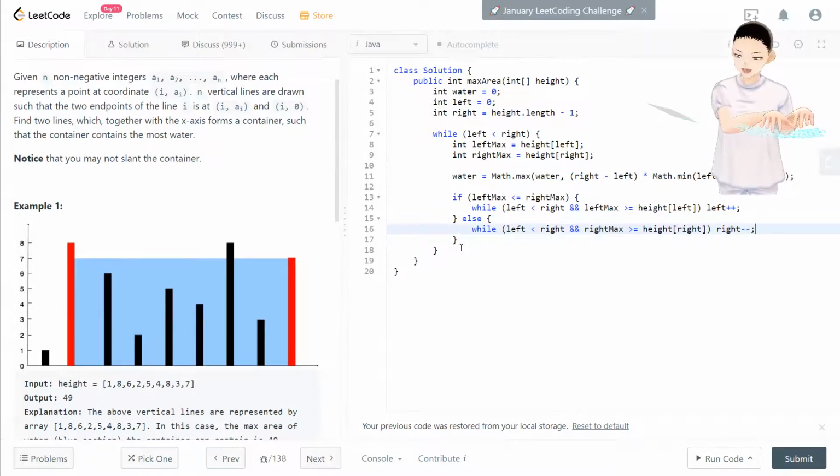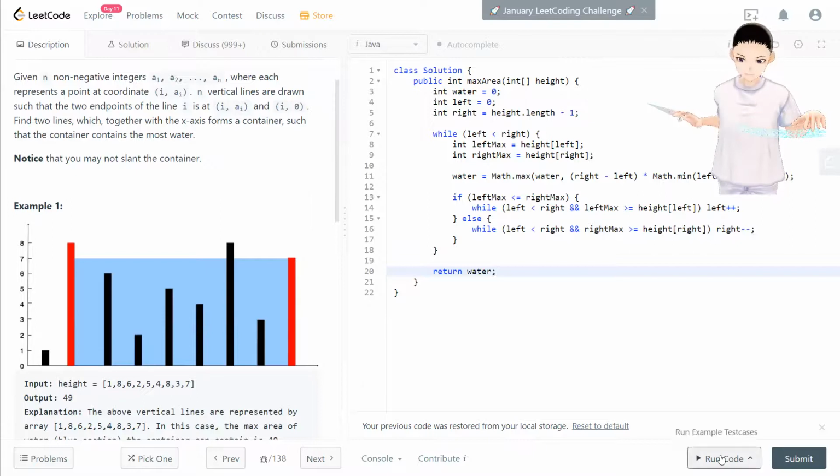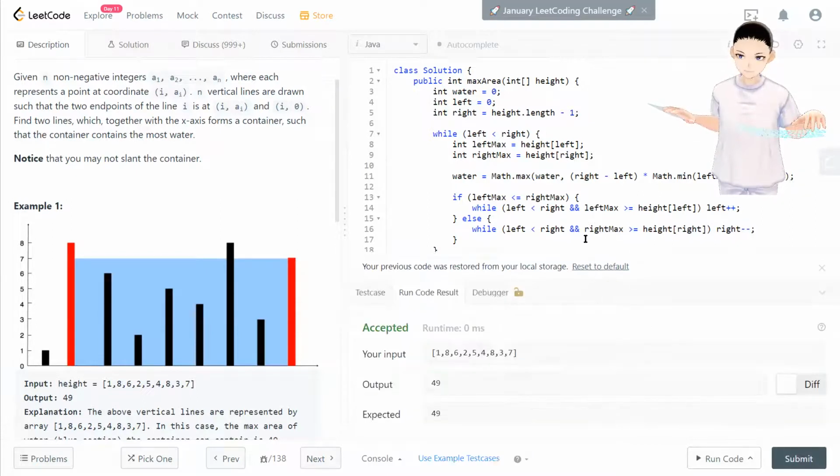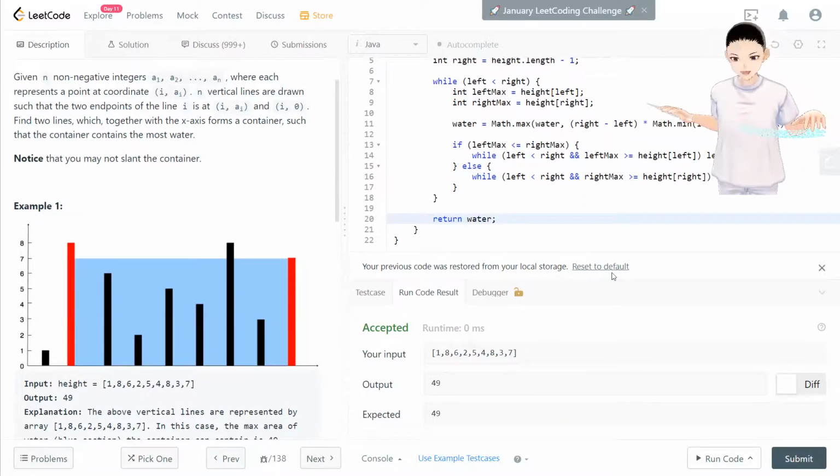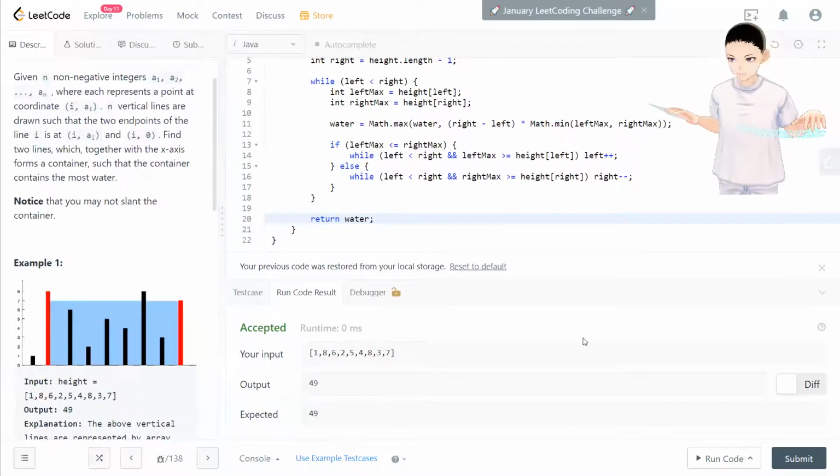We move the right pointer to the left side. After that, you should be able to capture the maximum water that can be contained here. And lastly, we can just return the water. Now it looks like it solved the problem.